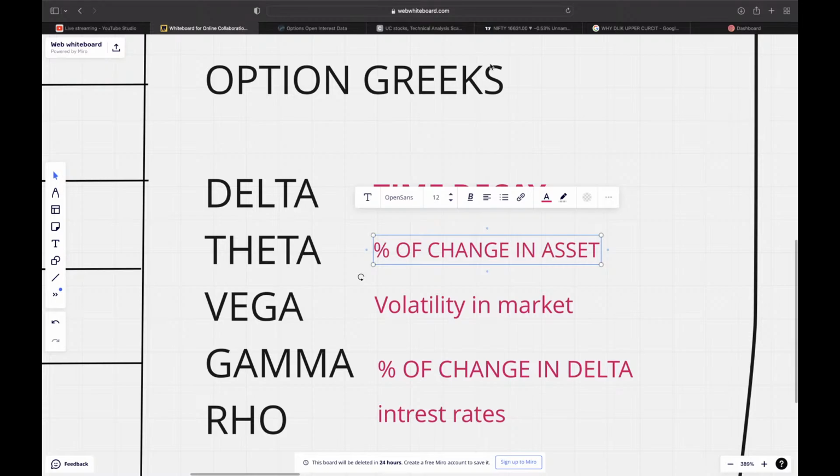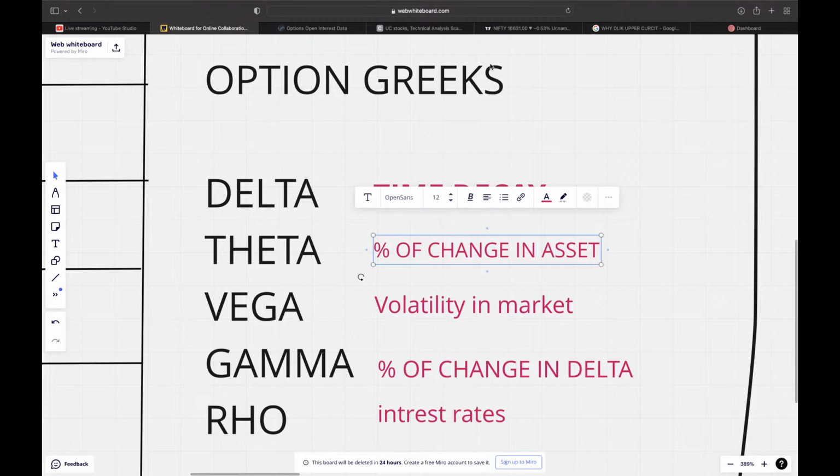Vega is volatility in the market. The volatile market, basically. So the more volatile the market is, the change in Vega will be according to that.